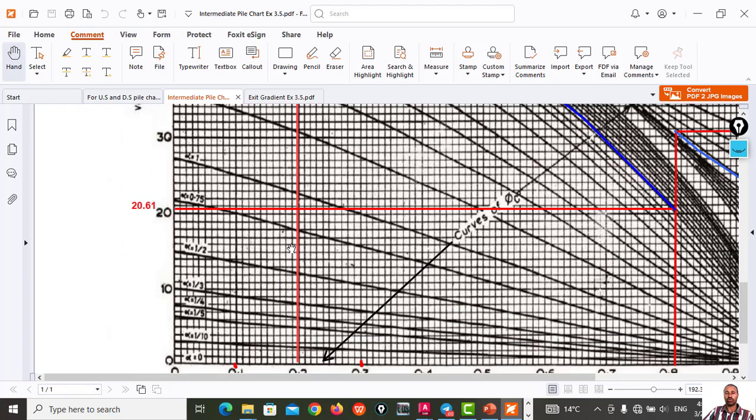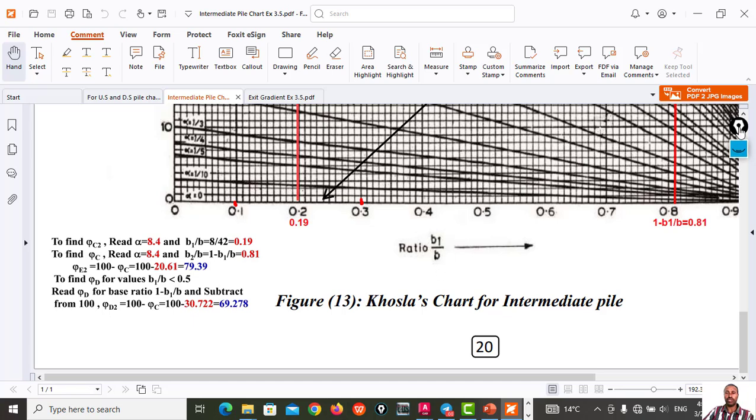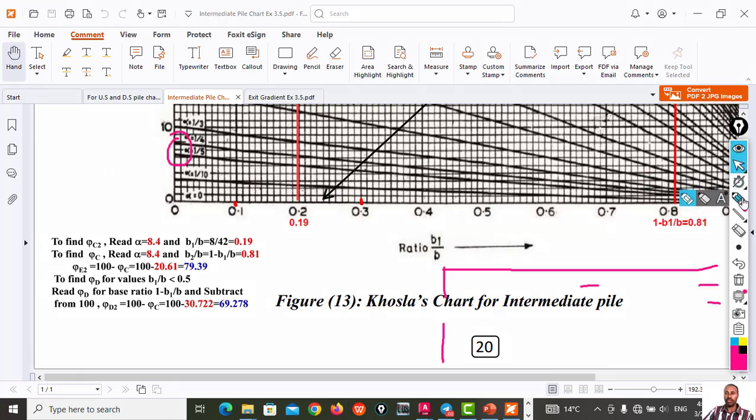Once you compute B1 over B, this is B1 over B. You compute 0.19. Please count these values, 0.2 minus 0.1 over the number of divisions, it will be 0.01. Then you have 0.2 here. So 0.19, you take this.